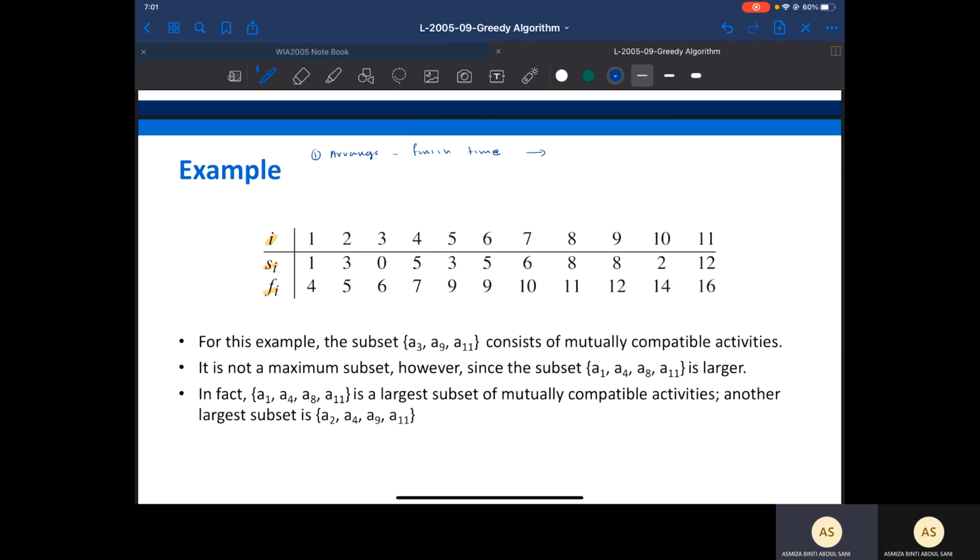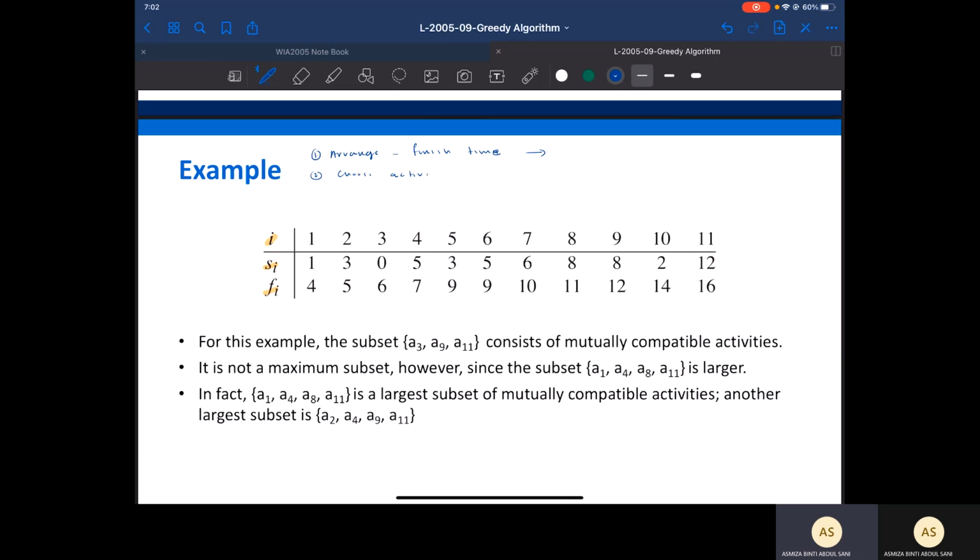Here you can see the finish times 4, 5, 6, 7, it's in increasing order. And then you're going to select which activity can start the soonest after one activity ends.